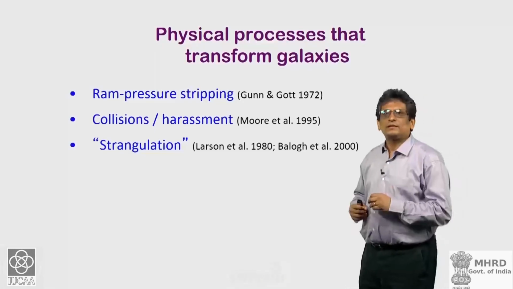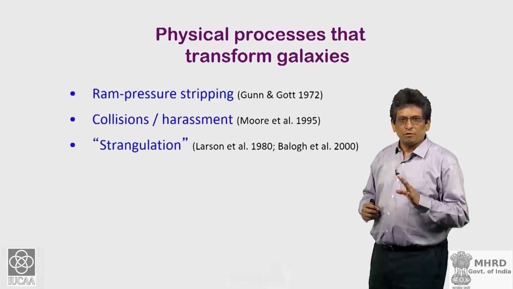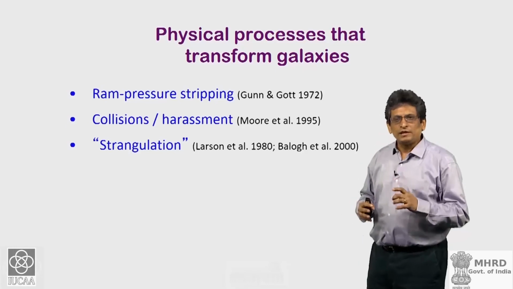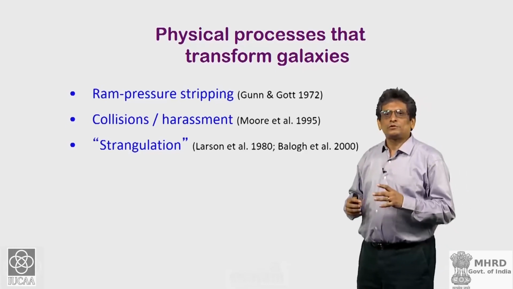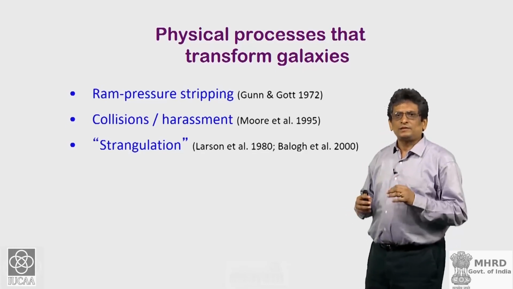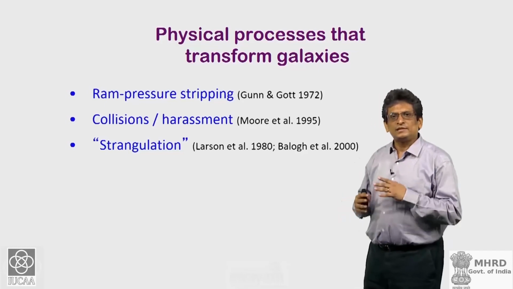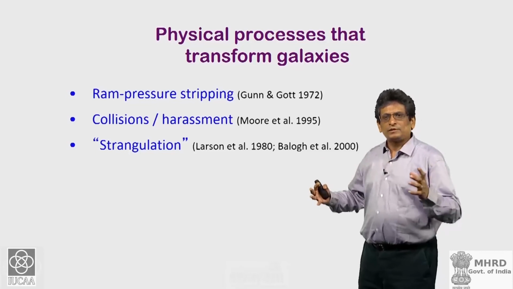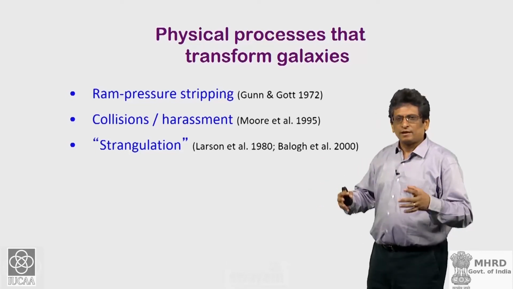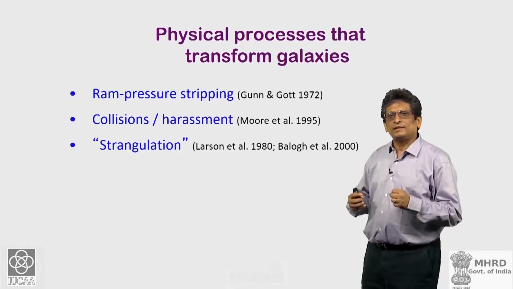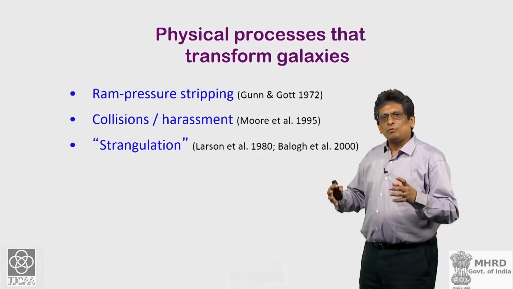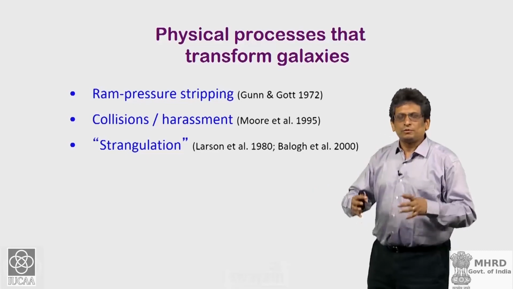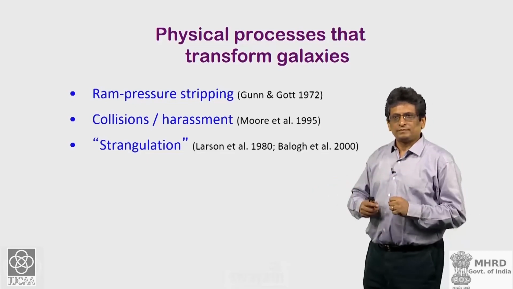We can look at the various physical processes that we know now that transform galaxies. We know a lot of these from theory. Also, early simulations done in the 1970s, 80s and 90s showed us how the dark matter component of the galaxy and the stars and the dust and the gas that's in the galaxy will change as they age and also as they interact with each other.